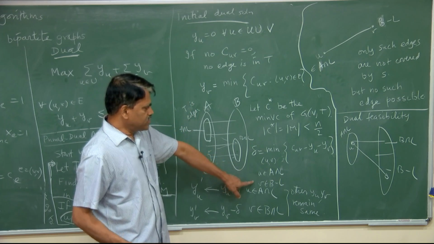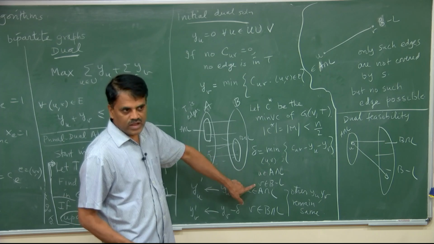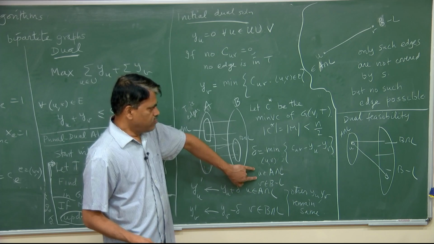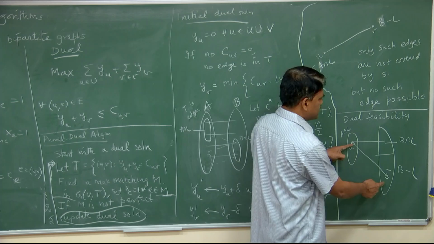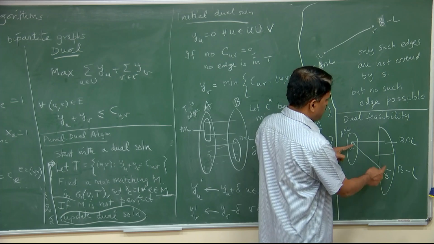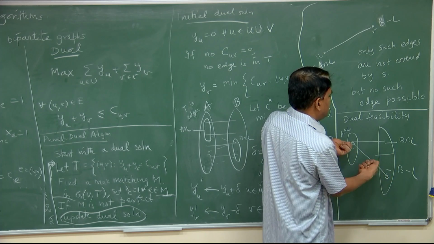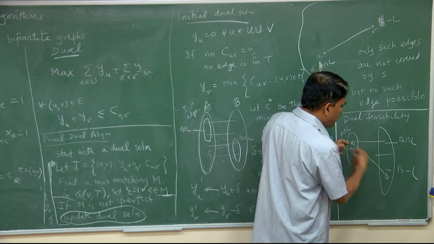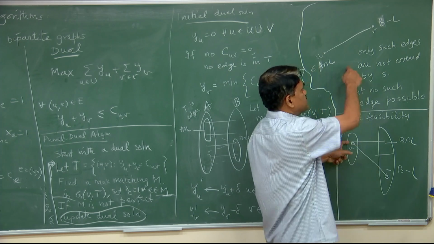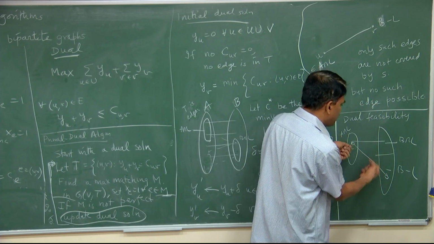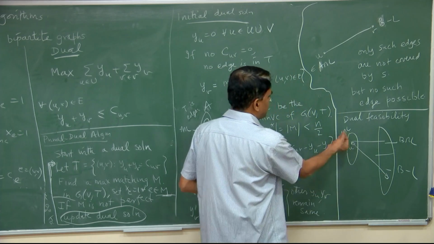My delta was the minimum among all these slack available. I looked at all these edges, U, A intersection L, B minus L, and looked at the slack available. These edges all have slack. That's what this is saying. So for all of them, delta is strictly positive. I picked the minimum and I increased it by that much.